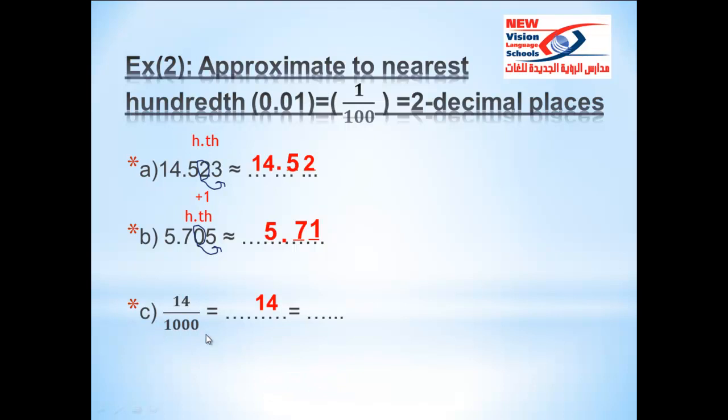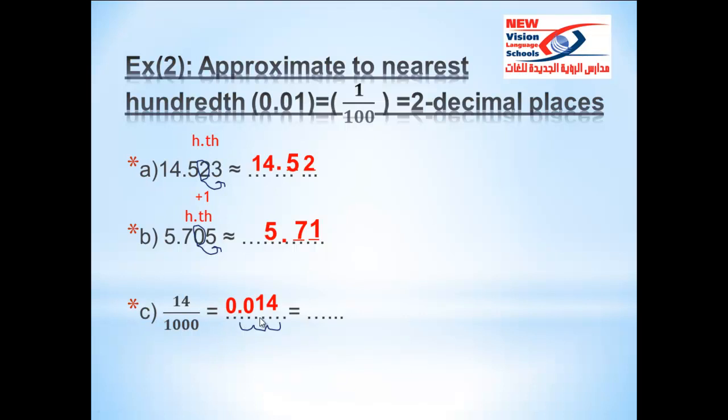Because we have here 3 zeros. Count with me from right to left. 1, 2, 3. Where is our 3? Put 0 to keep your place, okay? Put 0 and the decimal point. Now I converted it to a decimal. I can now approximate it to hundredths.